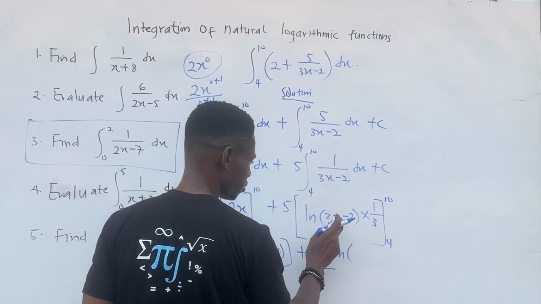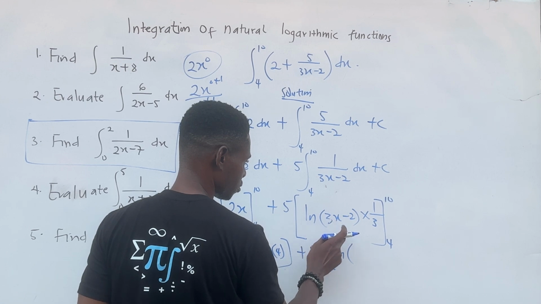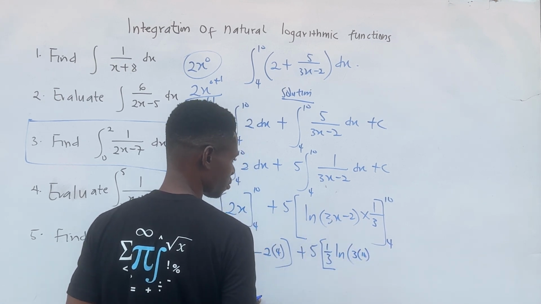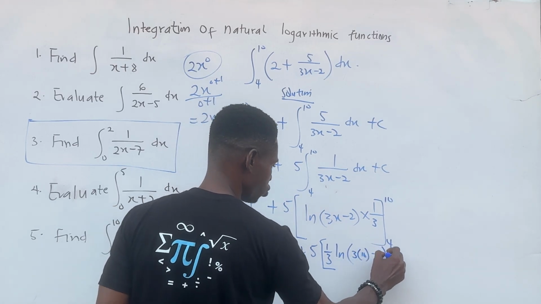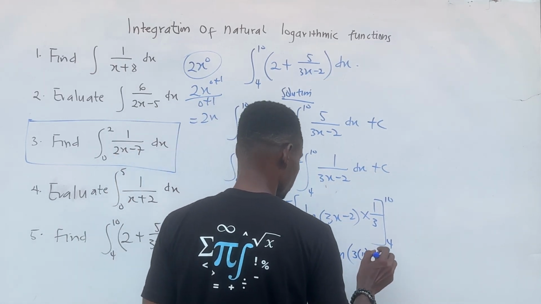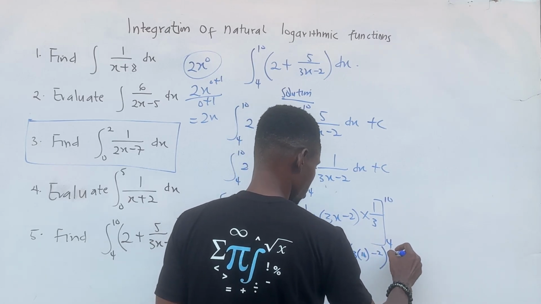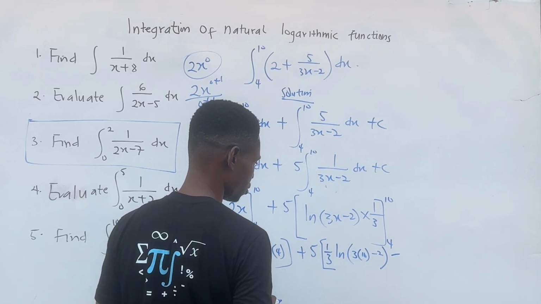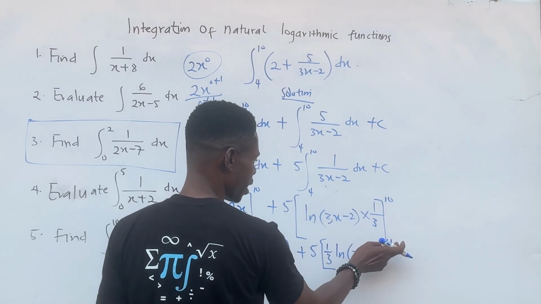Ln of 3 multiplied by 10 minus 2, first case, minus the second case now where x is 4.